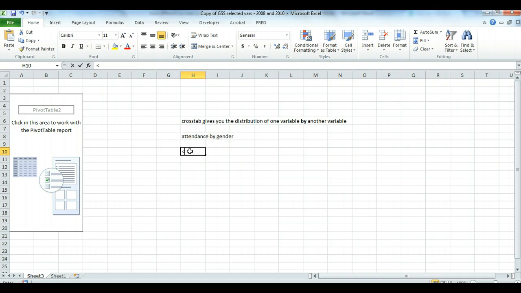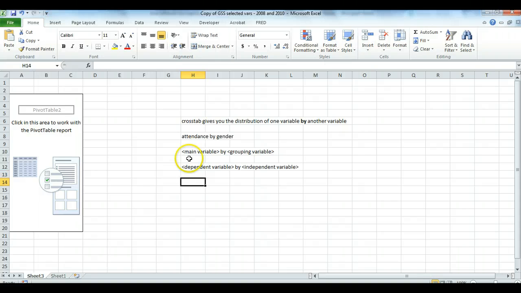So we can call this sort of the main variable by the grouping variable. Another way to think about this is the first variable is the dependent variable, the variable you're trying to explain. The grouping variable is called the independent variable.